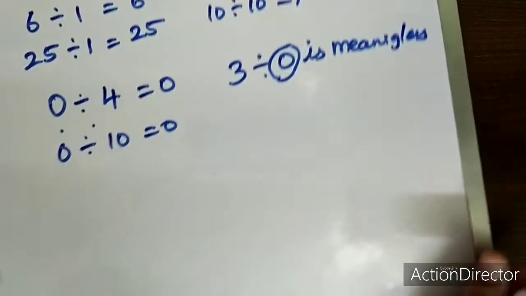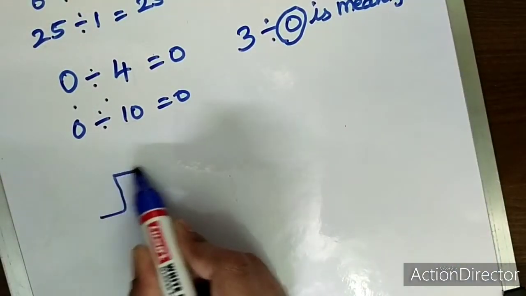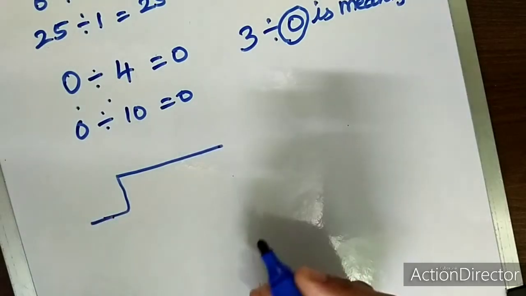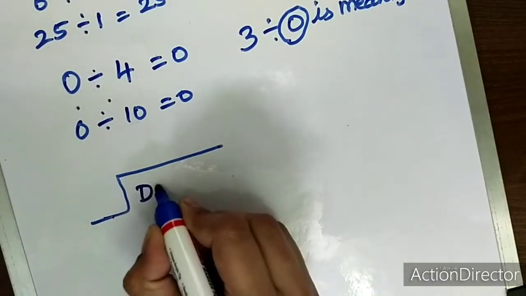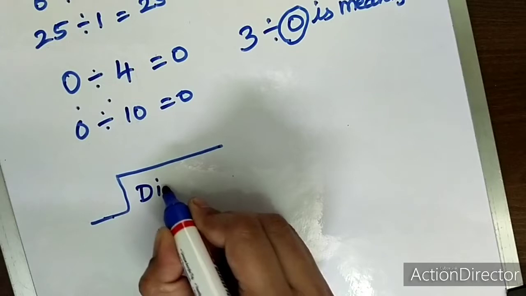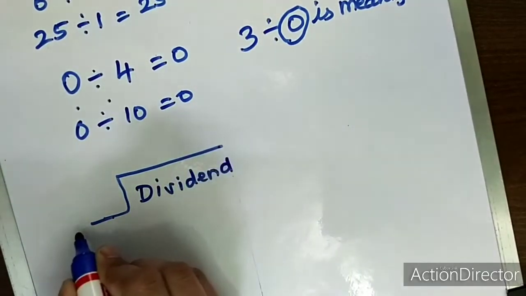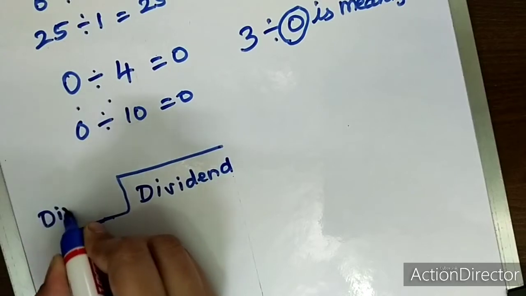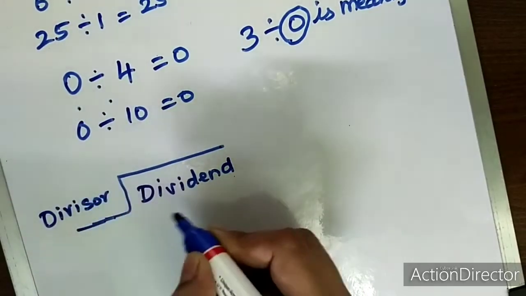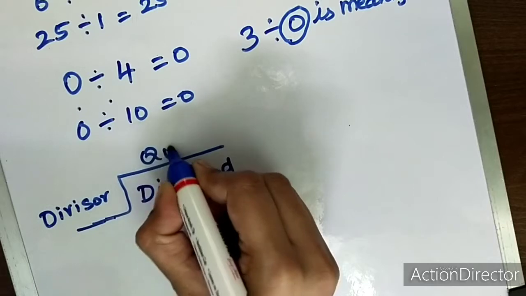And then what do you know about long division? What are the things in long division? Inside is the dividend, and outside is the divisor, and the answer we get is called the quotient.